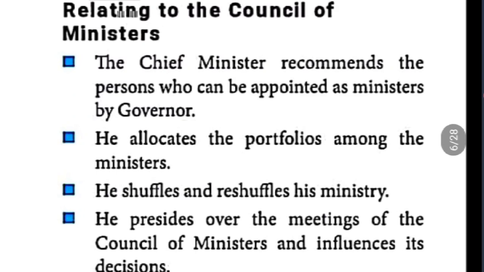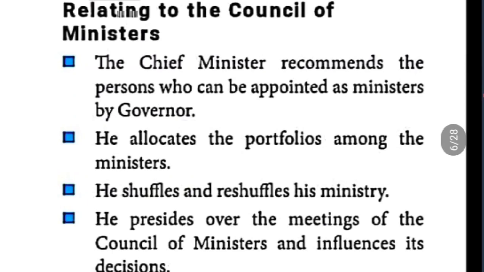In the last class, under the executive power of the governor, I told two points: the governor has the power to appoint the chief minister, and the governor has the power to appoint the council of ministers. Likewise, here the same thing is given.